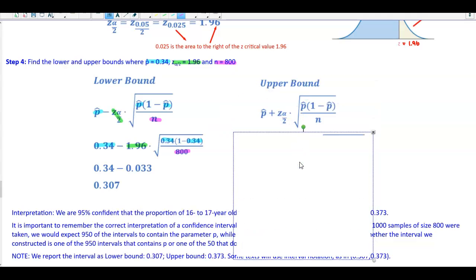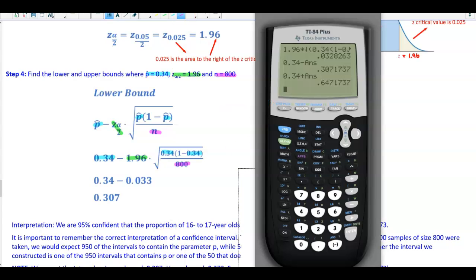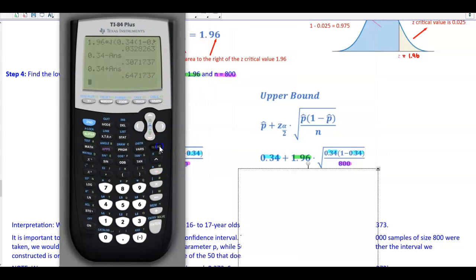Now we're going to take our upper bound. The only thing that changes now is the addition sign. So we're going to take 0.34, and then add 1.96 multiplied by the square root of 0.34 times 1 minus 0.34 over 800. Let's do that again on the calculator: 1.96 times the square root of 0.34 times 1 minus 0.34, divided by 800.